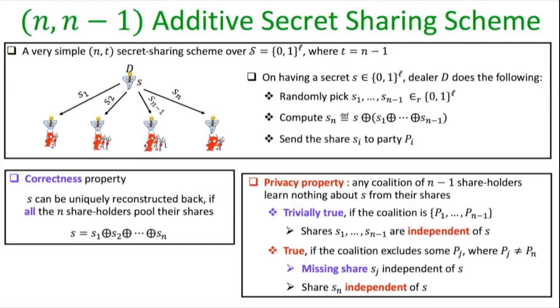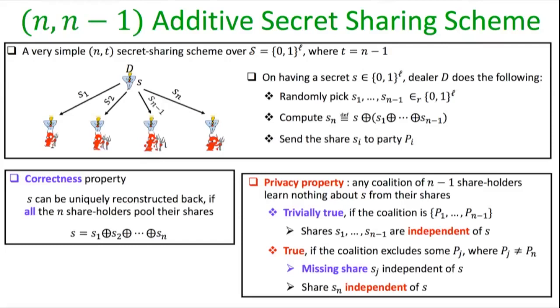And if we combine them by just XORing these n shares, we will get back the secret S. Because the relation between the secret S and the n shares was that if you XOR the n shares, you will get back the secret S. And indeed, if all the n shareholders come together, you will have all the n shares, and you can XOR them and get back the secret S.